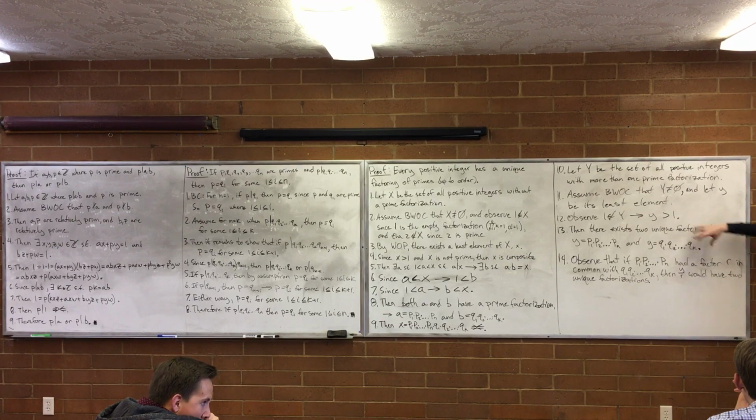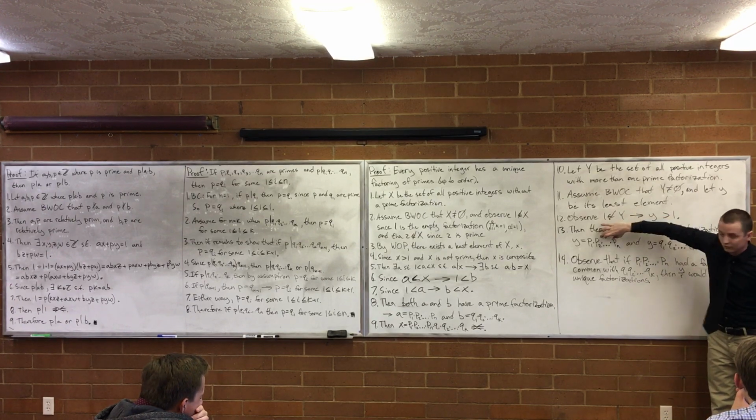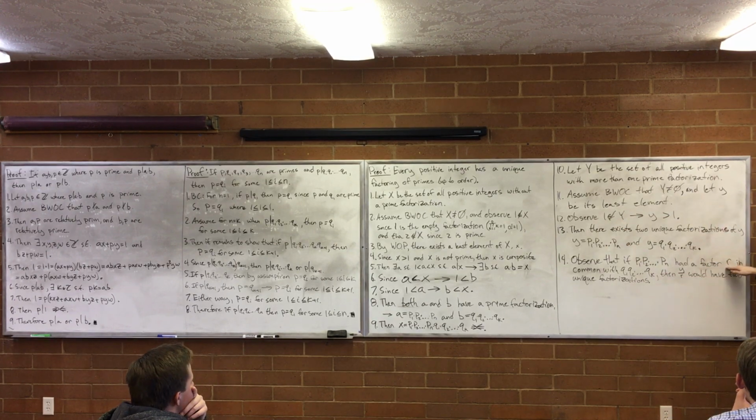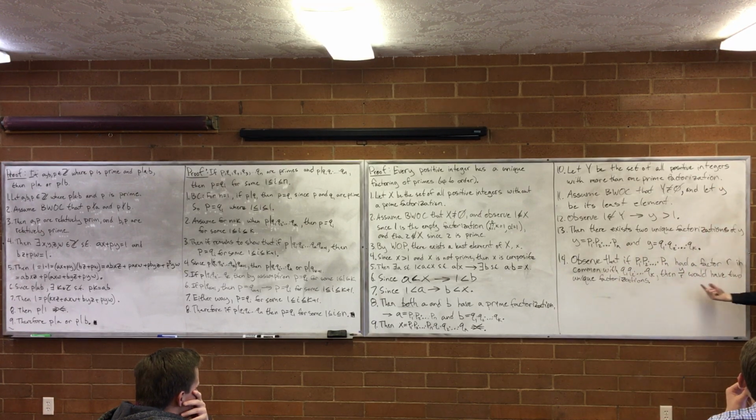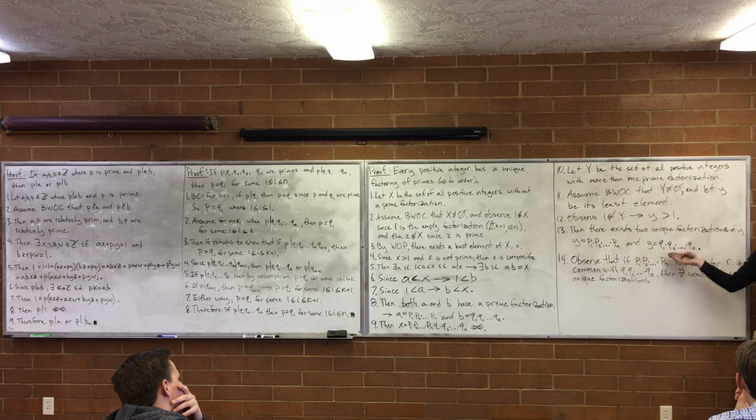So if r was a factor of this, and r was a factor of this, then y divided by r gets rid of that factor from both factorizations. So y divided by r would be a smaller number with 2 unique factorizations. You see what I mean? So that can't be the case. These 2 factorizations can't have any factors in common.